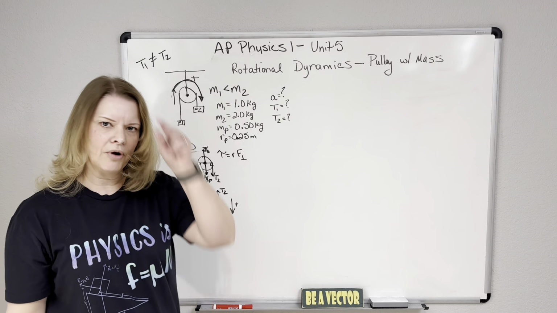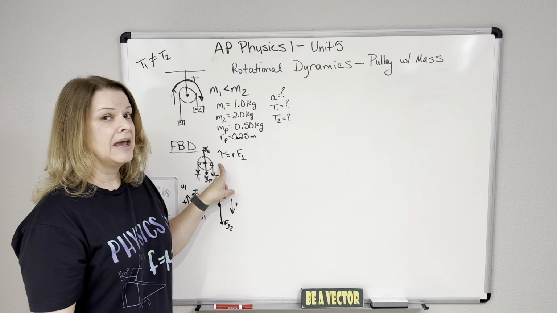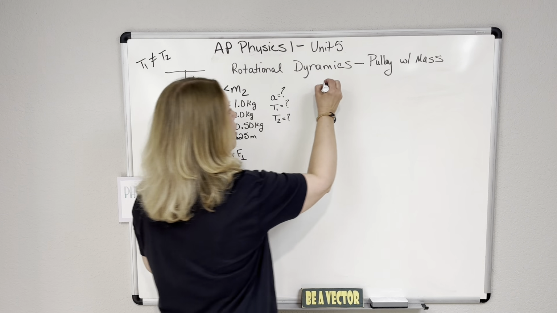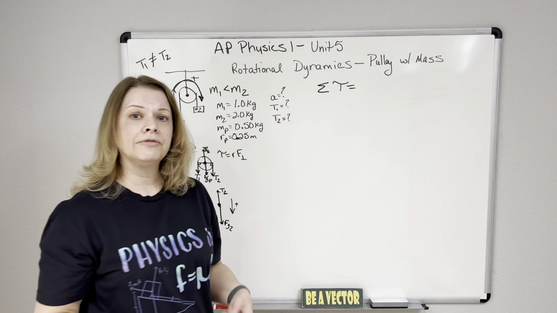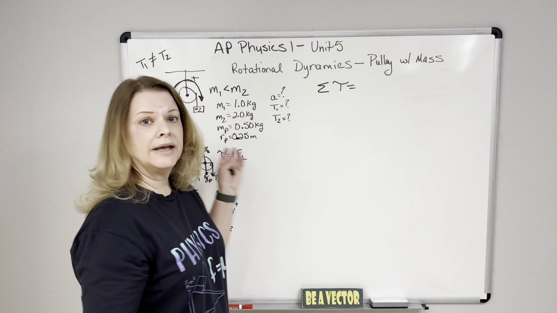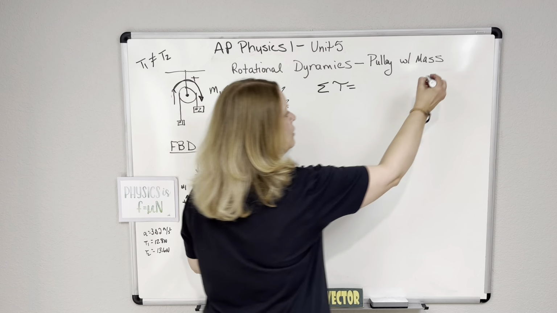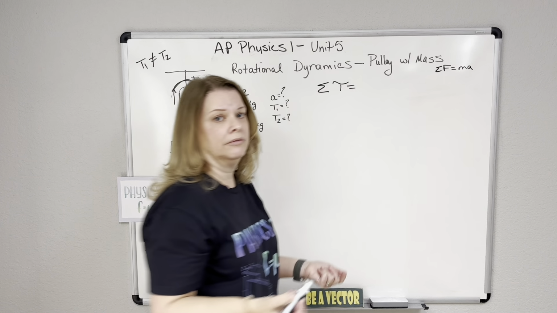Now let's get to the real problem. We just said this pulley has rotational inertia and it has torque. When you have a pulley with mass, I would always start with Newton's second law for rotational motion. Just like in the example I drew over here where the pulley had no mass, we always started with Newton's second law for linear motion.